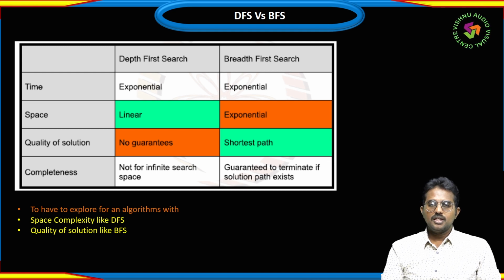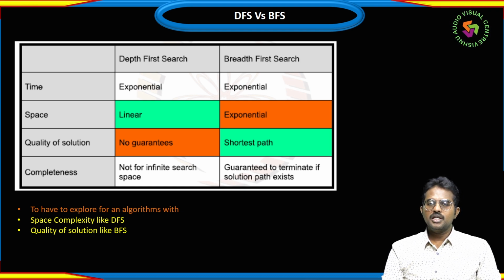So this is the performance evaluation. For DFS, the time complexity is exponential, and the space complexity is linear. Whereas for BFS, both time and space complexity are exponential.